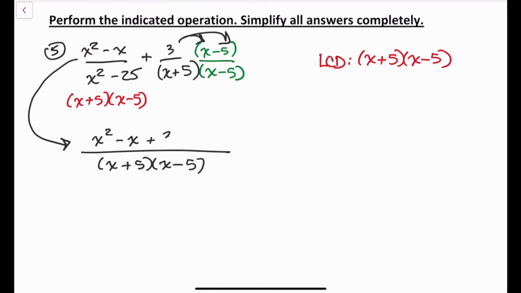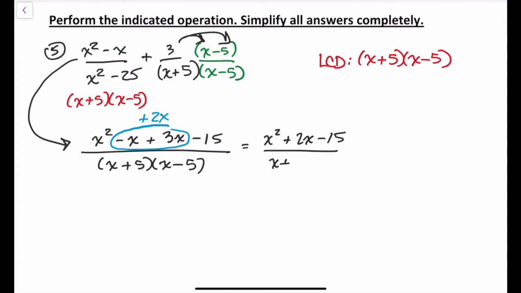So I'm going to distribute the 3x minus 15. And then I can combine my like terms. And then I will simplify further by factoring the numerator.